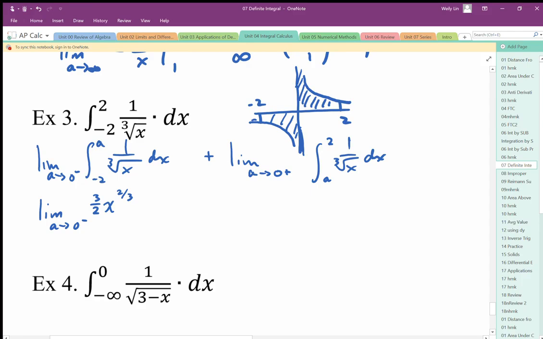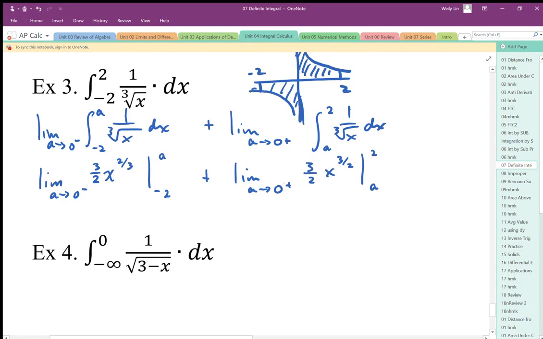So there's my coefficient, 3 over 2, x to the 2/3, and my bounds are negative 2 to a, plus the limit as a goes to 0 from the positive side, and this is going to be 3 over 2, same thing, x to the 2/3. And the bounds in this case are going to be from a to 2.